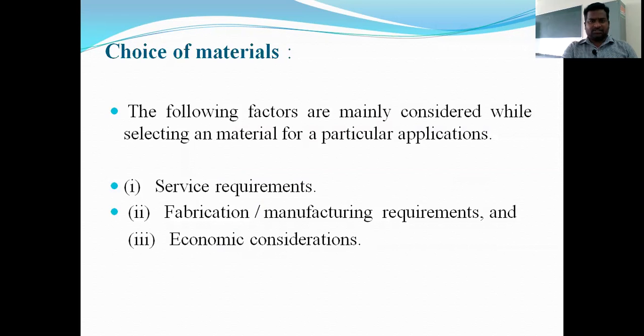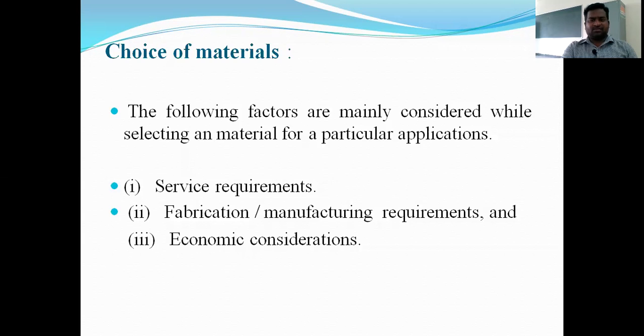Service requirements: what service are we using by providing that material? And manufacturing requirements: to manufacture a product, we need some manufacturing methods, and some of the materials do not do well with a particular method, so they cannot be manufactured by that method.